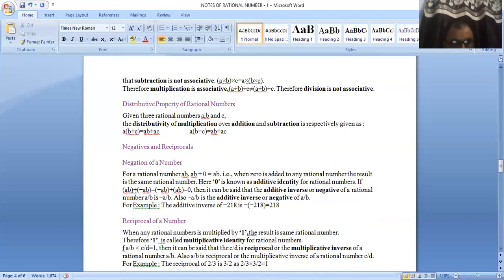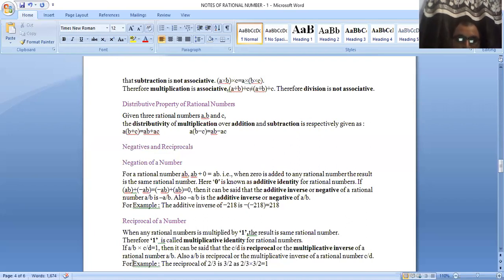Now, if a upon b into c upon d is 1, then it can be said that c upon d is the reciprocal or the multiplicative inverse of the rational number a upon b. Also, a upon b is the reciprocal or multiplicative inverse of the rational number c upon d.